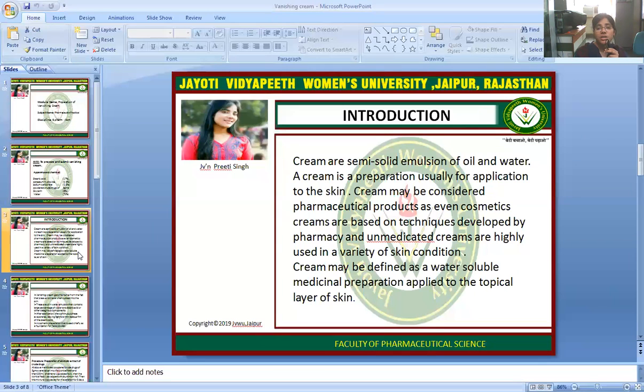Cream may be considered pharmaceutical products as well as cosmetics. Creams are based on techniques developed by pharmacy, and unmedicated creams are highly used in a variety of skin conditions. Cream may be defined as a water-soluble medicinal preparation applied to the topical layer of the skin.